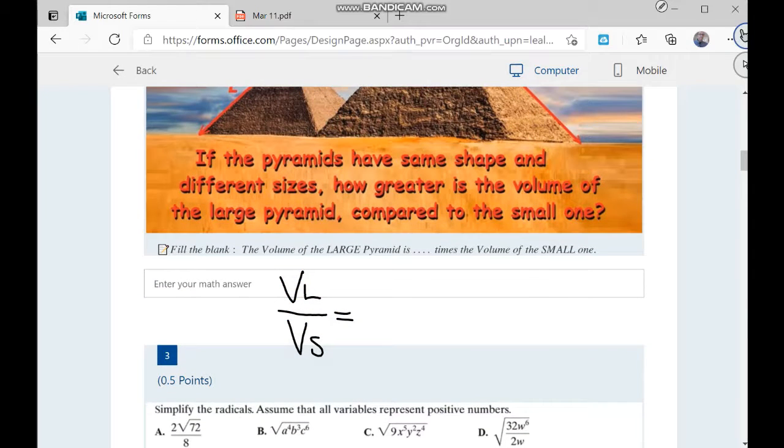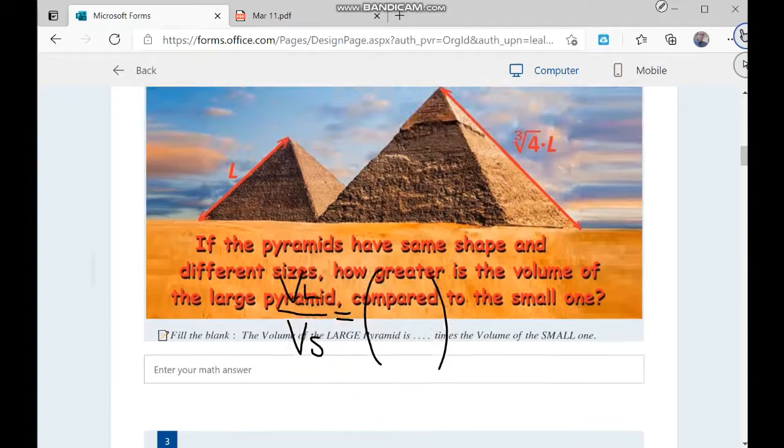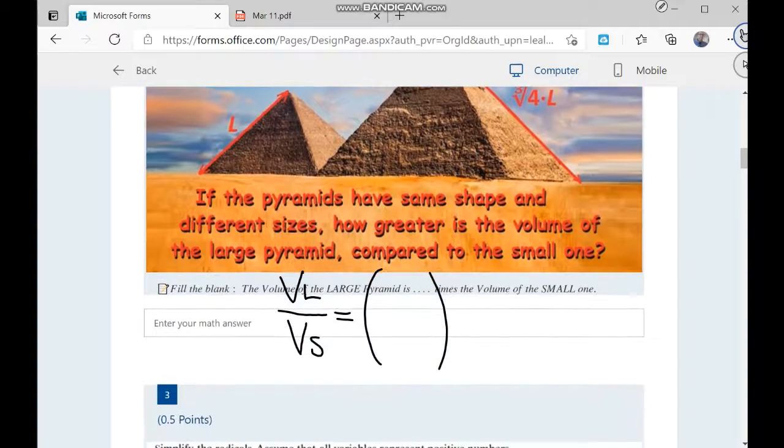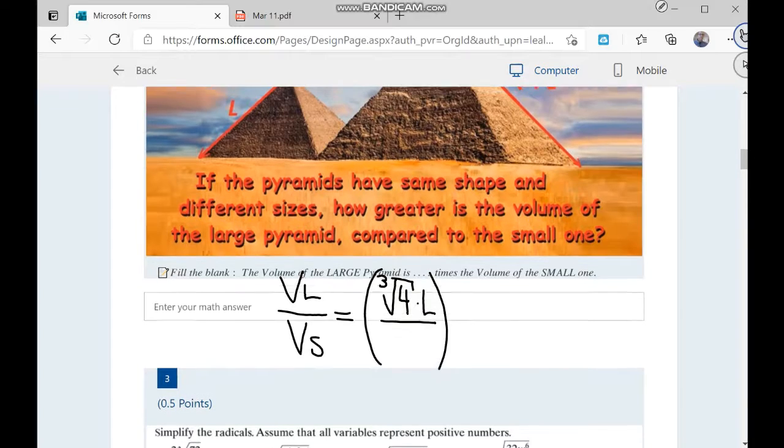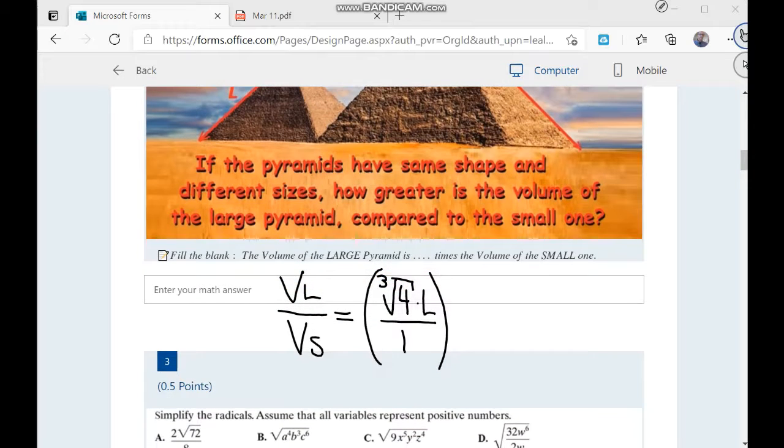And if you remember yesterday, let's say you have the linear relationship between this edge, cube root of 4 times L, with this other edge, L. This is the relationship we know, and if you simplify, that is the ratio between the edges.